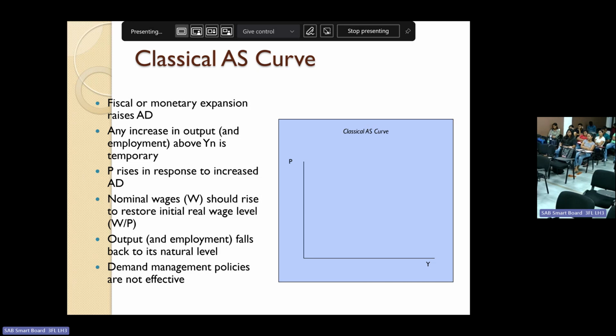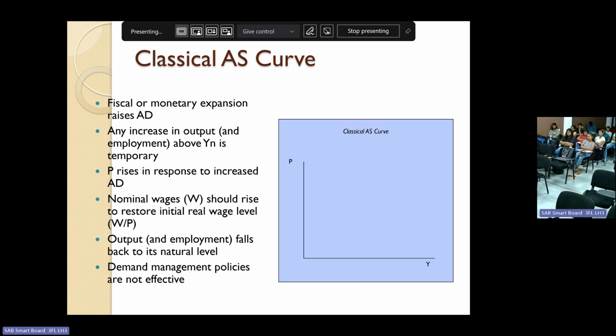And we can derive this supply curve using the labor market and the production function. This is the classical aggregate supply curve, vertical. So even though there is fiscal expansion, that will raise the aggregate demand, but there will be no impact on output.